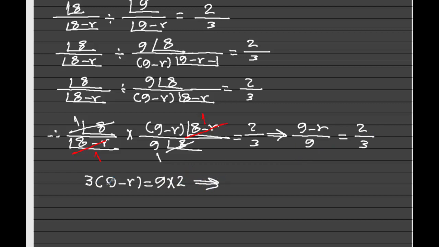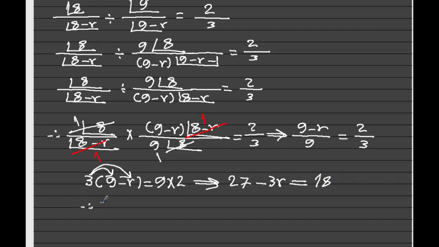So 3 multiply 9 is 27 minus 3r, equals 9 multiply 2, which is 18.